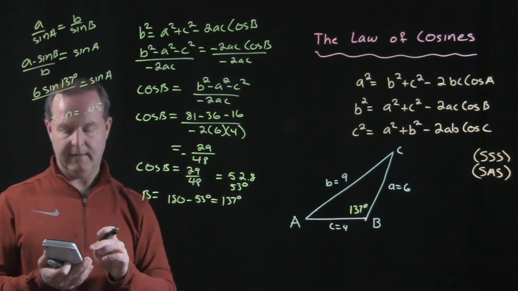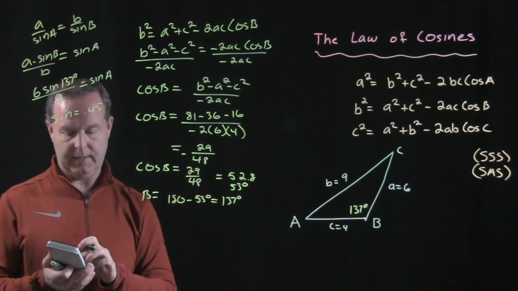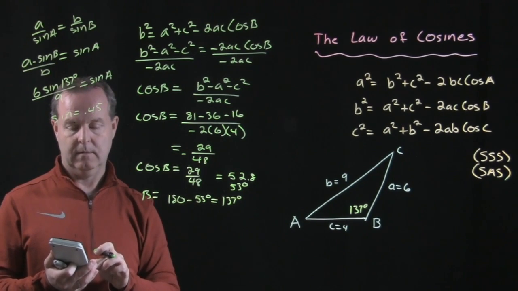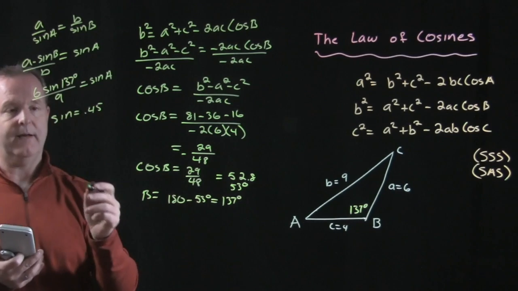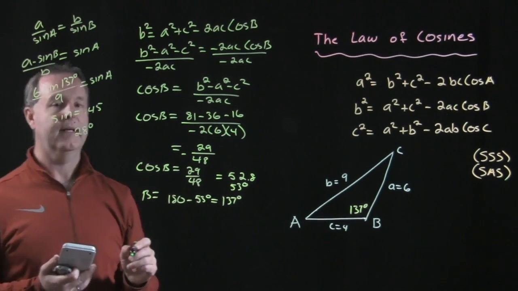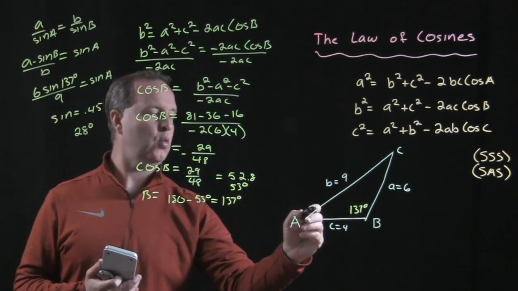Let's take the inverse sine of that. Inverse sine of 0.45 equals 26.7, or roughly 28 degrees. And so my angle there of A is 28 degrees.